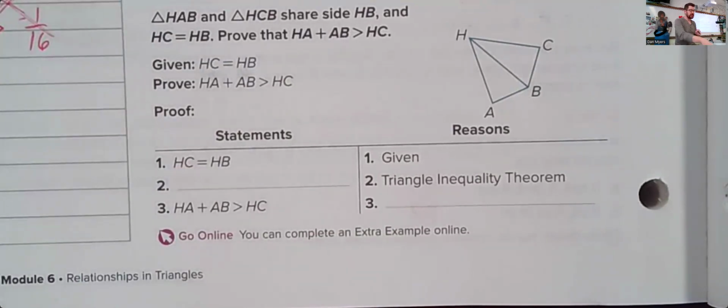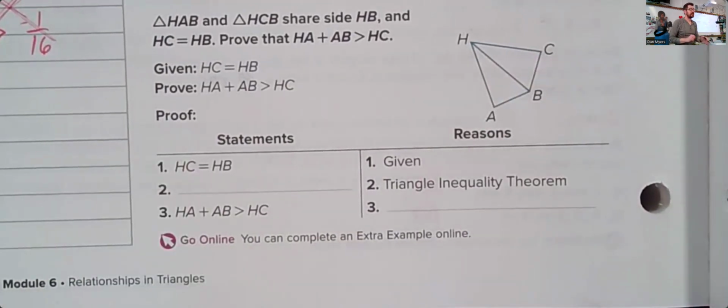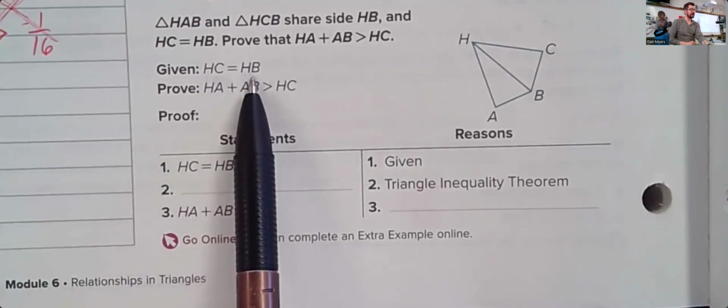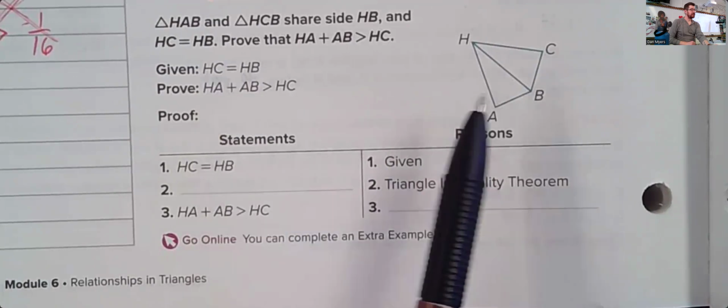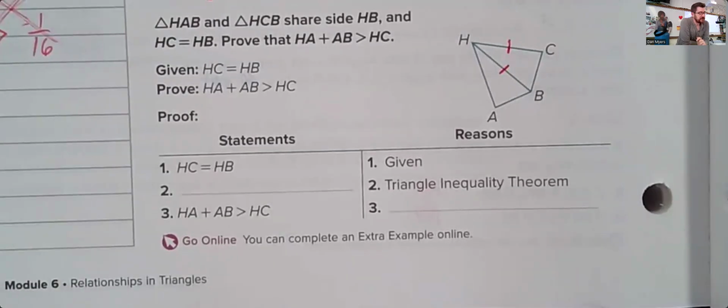Are there any markings we could put on our diagram based on what the given information tells us? HC equals HB. What could we do on our diagram to show that? Put a mark, yeah. HC is equal to HB. There we go.